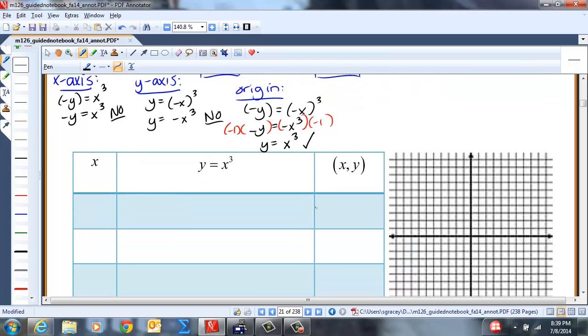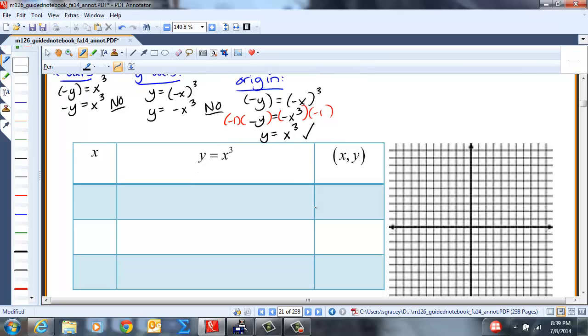Okay? So, let's see what we have going on. Let's do a couple ordered pairs. How about 1/2, because we already have 0, 0. So 1/2, 1, and 2. We'll do that. So y would equal 1/2 cubed, which gives us y equals 1/8.